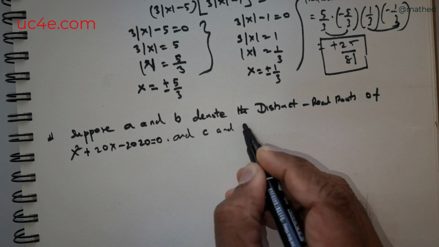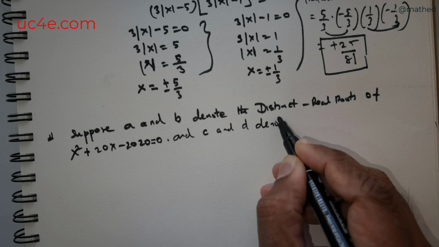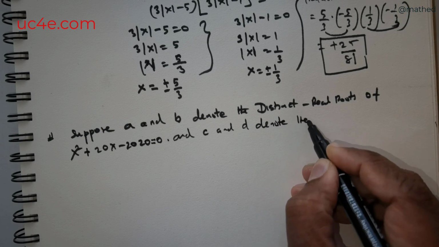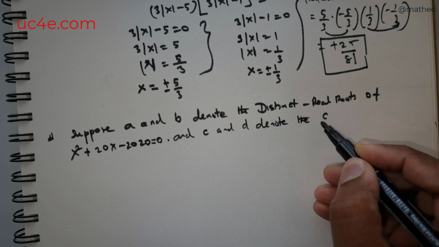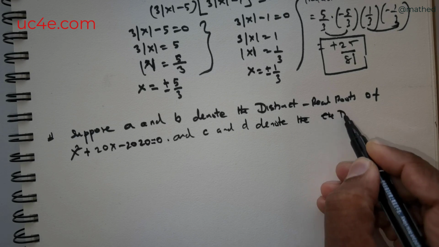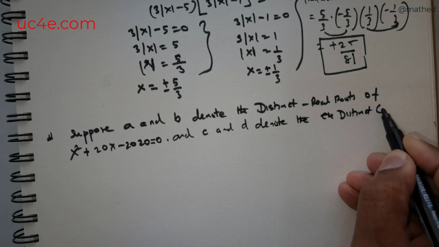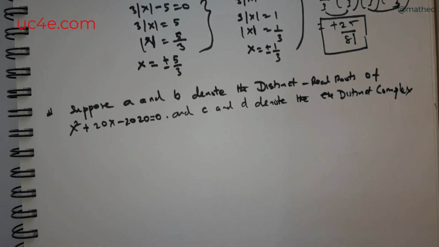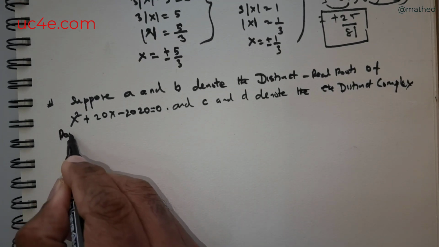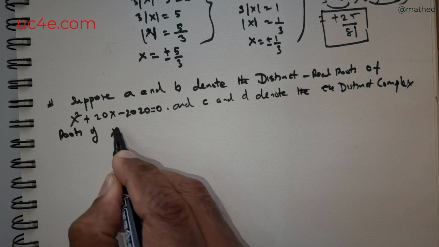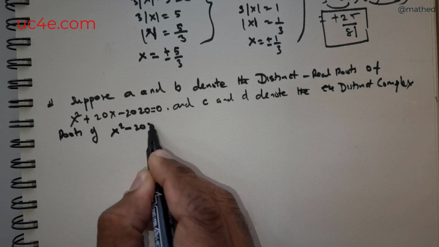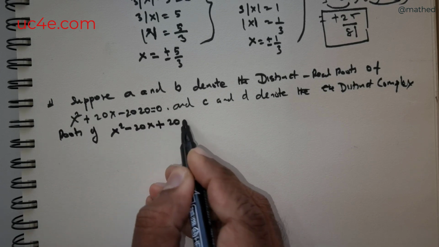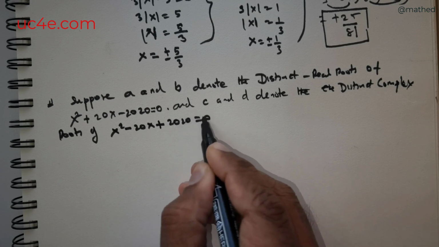C and D denote the distinct complex roots of, say, x squared - 20x + 2020.